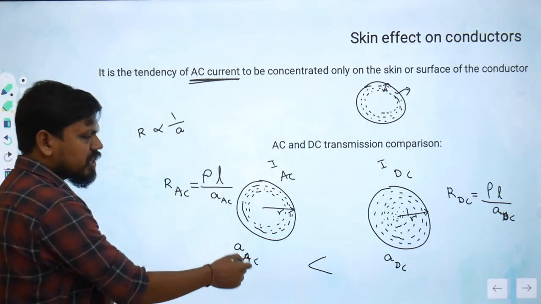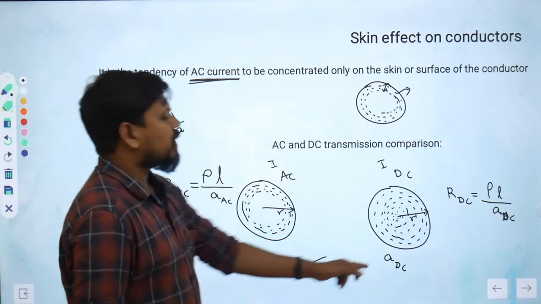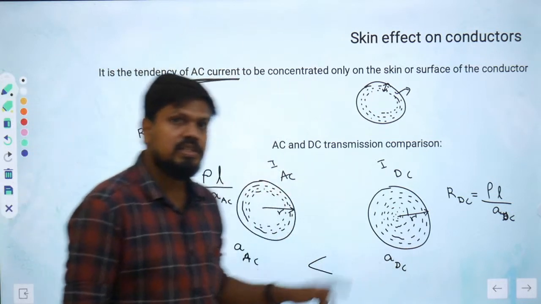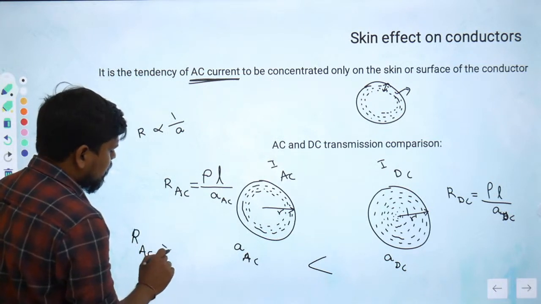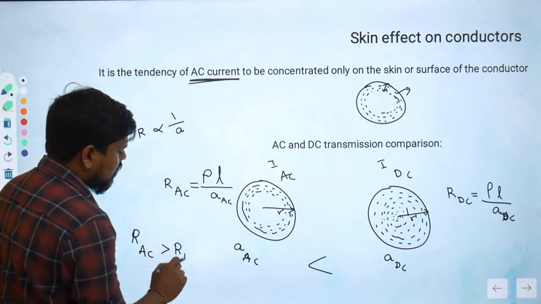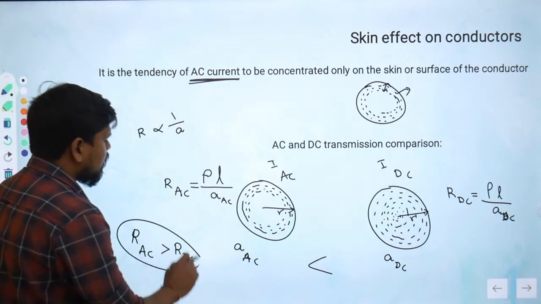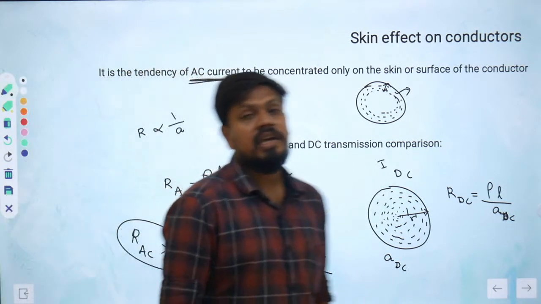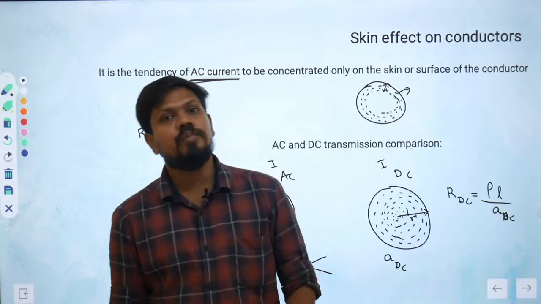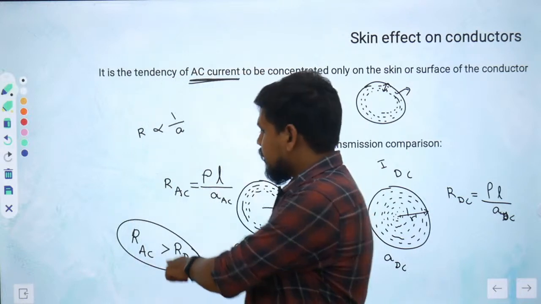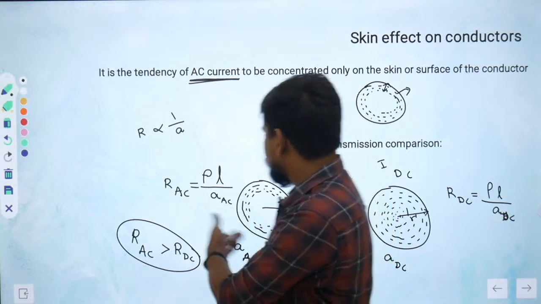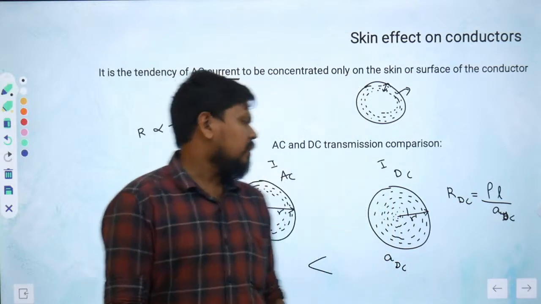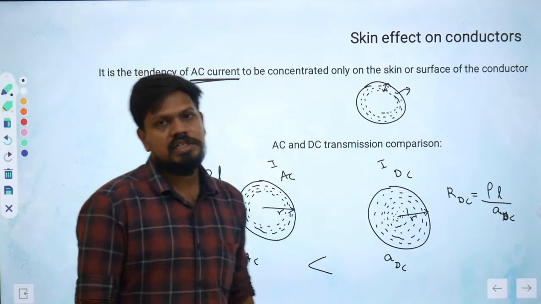Now the area of cross section of AC is less when compared to the area of cross section of DC. That's why the resistance of AC will be more when compared to the resistance of DC. The AC conductor resistance will be more when you compare it with the DC conductor resistance.